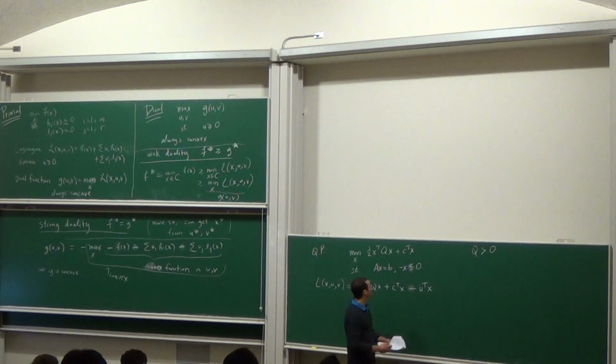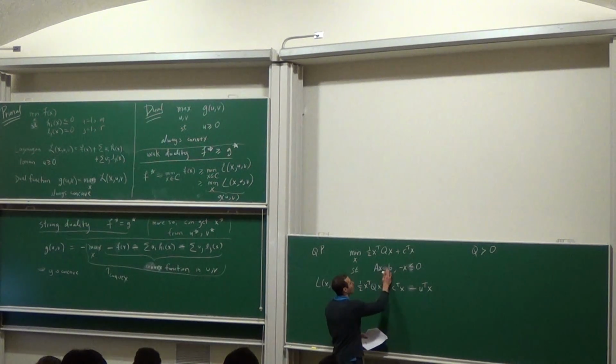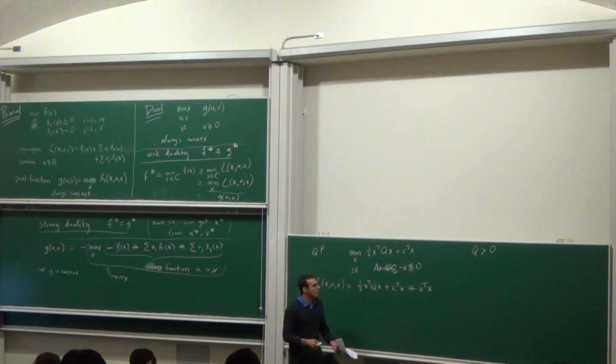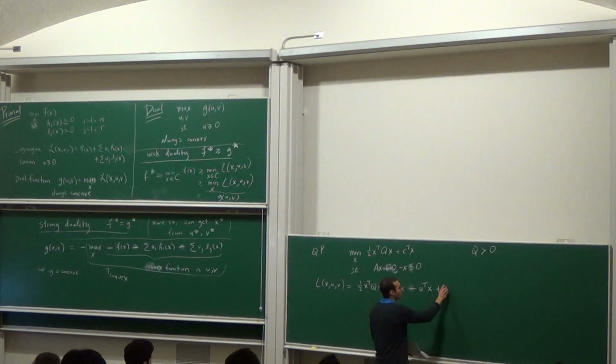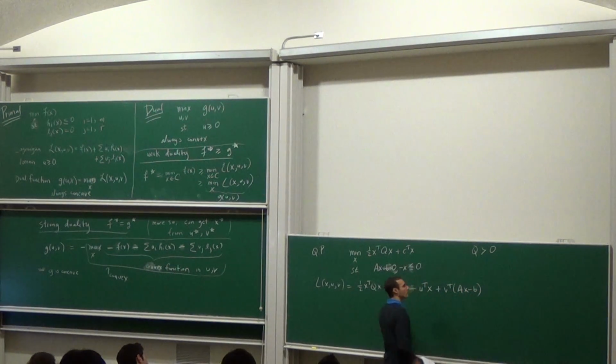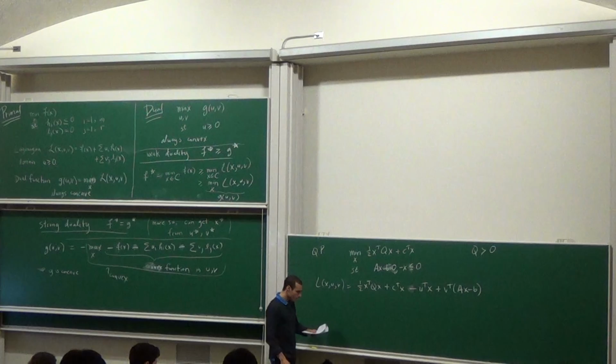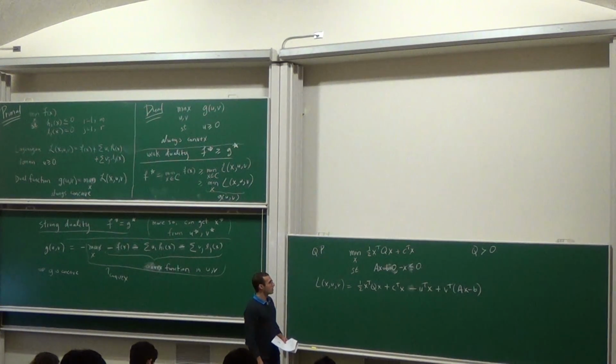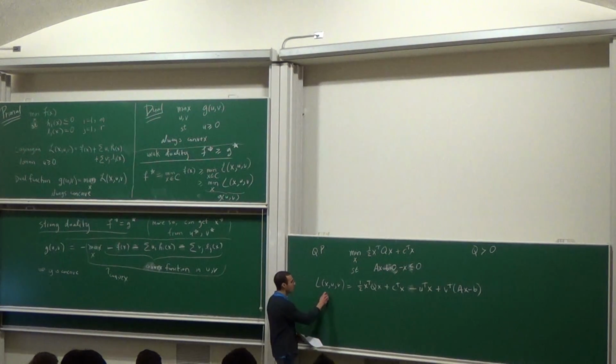And then I can write the equality constraints as Ax minus b equals 0. So that's the Lagrangian, and remember its domain is u bigger than or equal to 0.